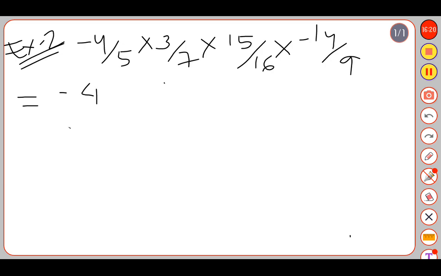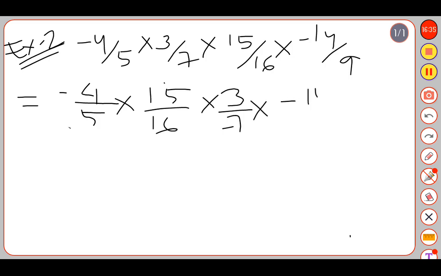So here minus 4/5 into 15/16. Why do we put these two terms closer? Because we can easily cancel 5 and 15, and here 3 and 9. So 3/7 into minus 14/9. Here we can easily cancel 4 and 16 and 5 and 15, and here we can easily cancel 3 and 9 and 7 and 14.